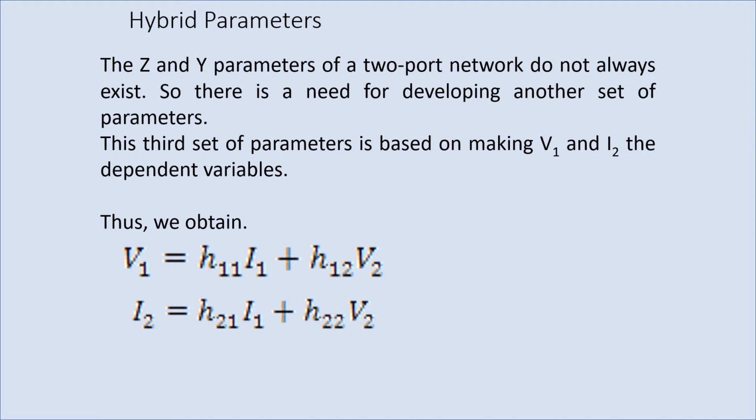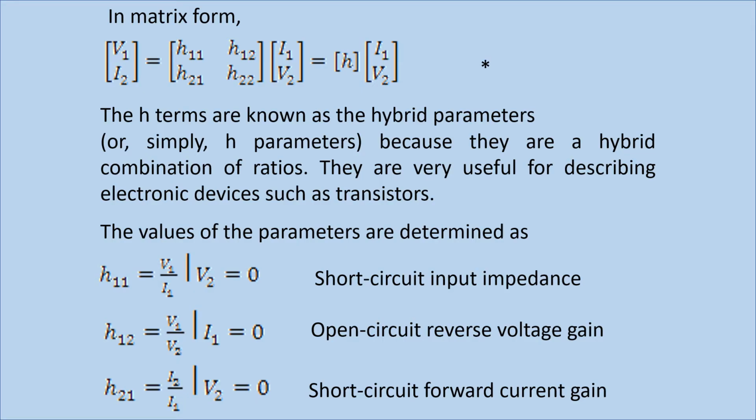Likewise, if you want to find your H12 and your H22, your I1, that is your current, must be open circuit, that is, equal to 0. In the subsequent slide, we also show that further.